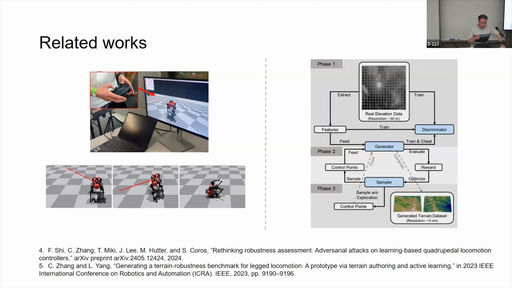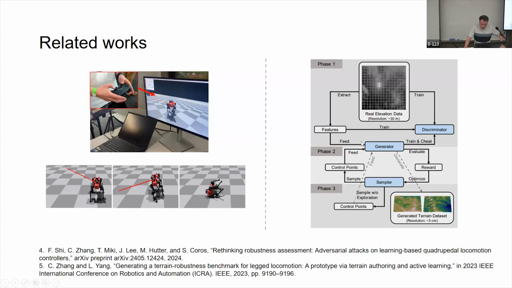Also, they showed that after finding those failure cases, they could use them to improve the controller. However, this paper only focuses on applying pushing forces to the robot. It does not focus on the terrains themselves.